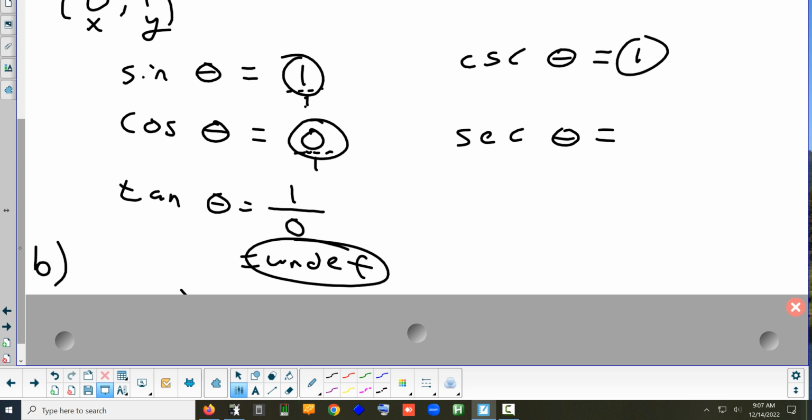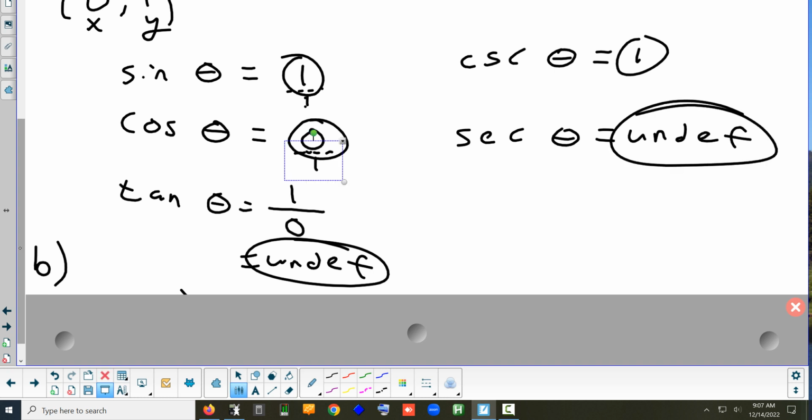So what am I going to get when I flip the cosine to get the secant? Undefined, because I have 0 in the bottom. All right. So when you flip 0, you get undefined. When you flip undefined, what are you going to get? 0. So the cotangent is 0.